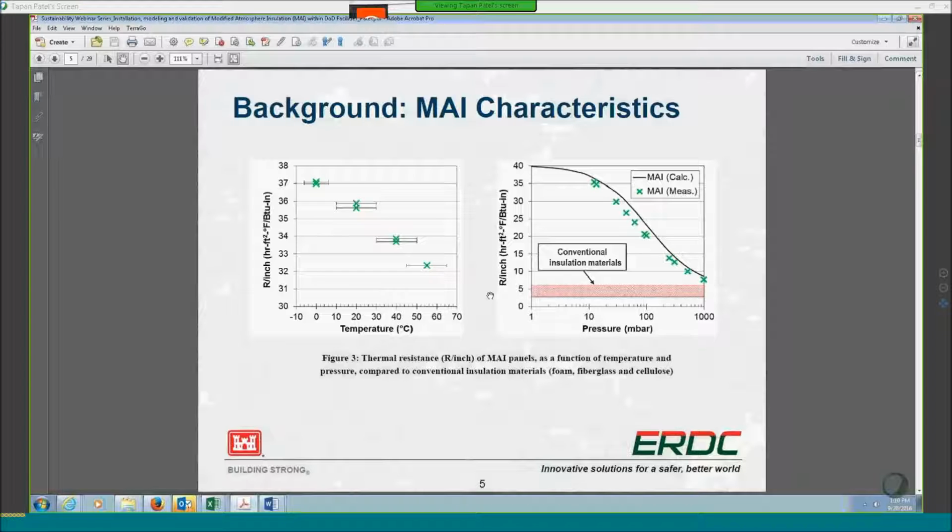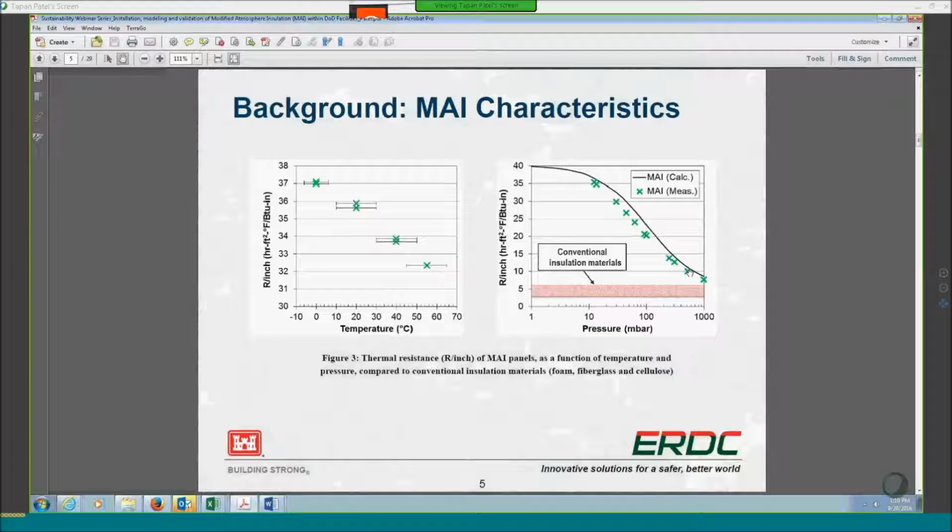The other factor that we need to consider here, and this will come up later, is because it is a vacuum panel, it's very easy to puncture these things and really destroy their effectiveness pretty easily. So this is a graph that shows the R values here on the y-axis and pressure inside the panel, and you can see that as the pressure increases, as you'd expect, the R value also decreases.